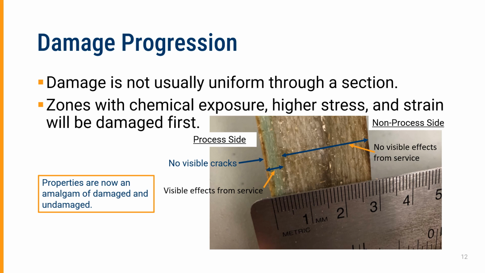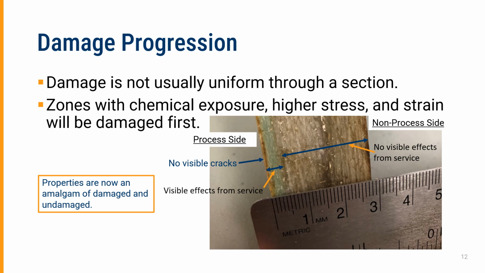We can see that we have some visible effects from service here, and that's the green color. That green color forms as a result of reaction of the contents of the equipment with some ingredients or constituents of the polymer. And as well, we have this zone, which looks just like it did when it was new.